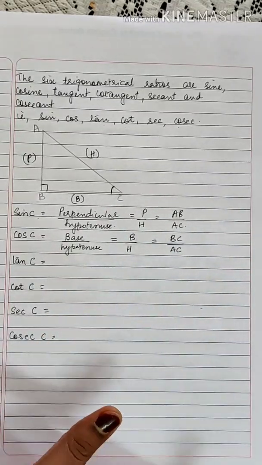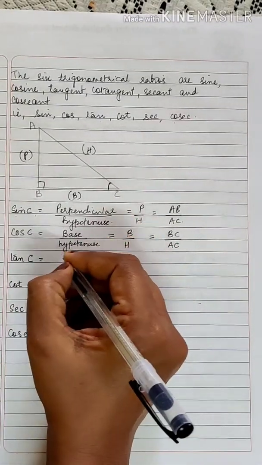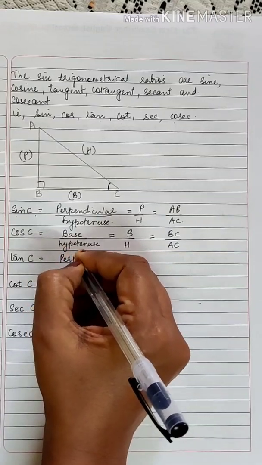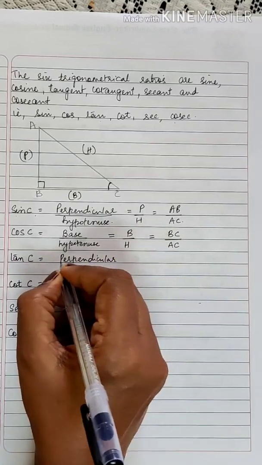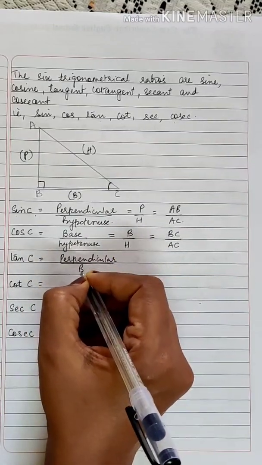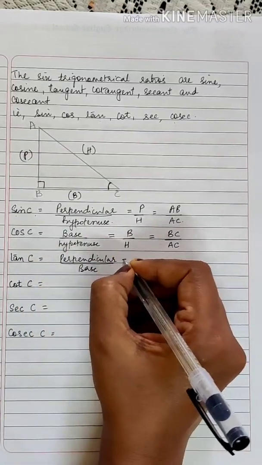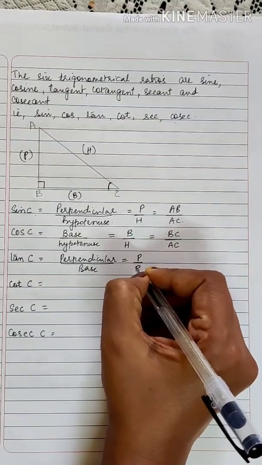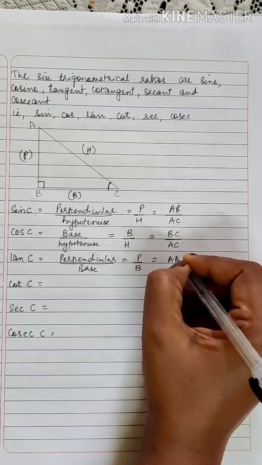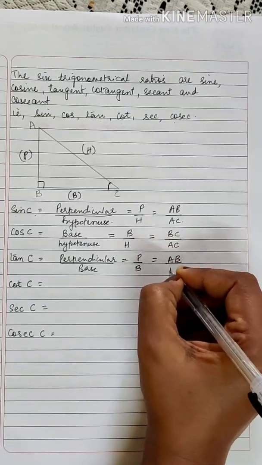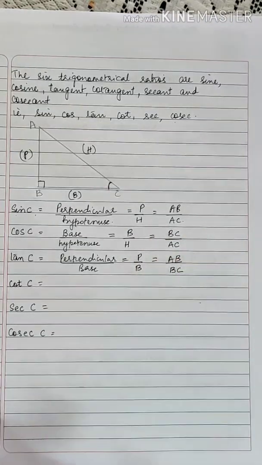Now tan C. Tan C is perpendicular by base, that is P by B. In this triangle, the perpendicular is AB and base is BC.